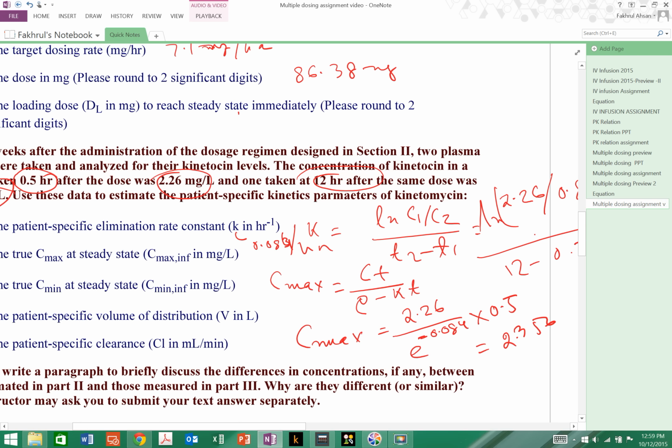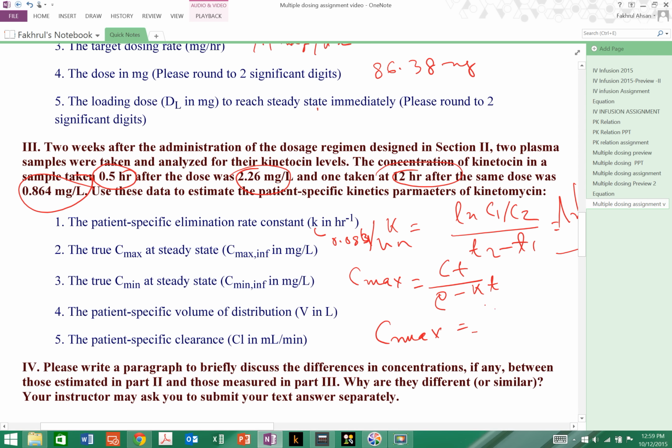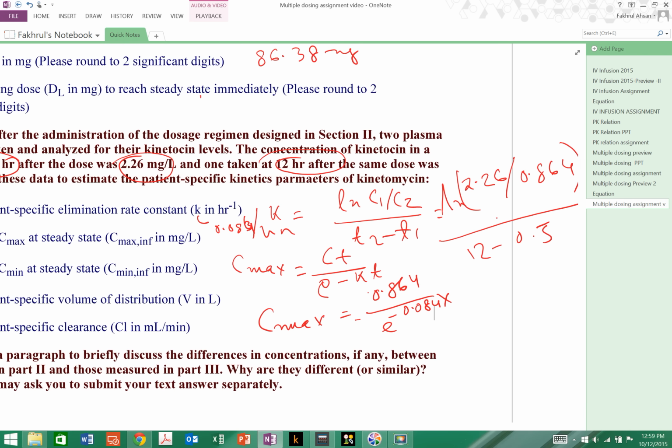For example, instead of using this, if you use 0.864 divided by e to the negative k, where k is 0.084 times t, which is 12, it should give you the same result.